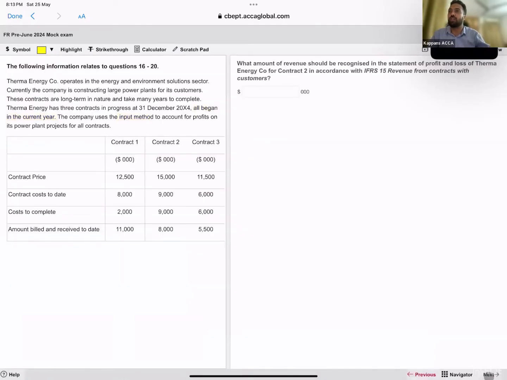What amount of revenue should be recognized in the statement of P&L of Therma Energy Company for contract 2 in accordance with IFRS 15 revenue from contracts with customers? And be very careful with this. They're asking for your answer in dollar thousands. So you have to answer in dollar thousands, and all the figures given in the question are in dollar thousands. So how do you calculate revenue in SOPL?